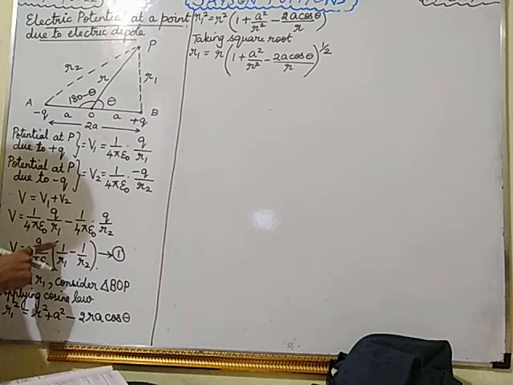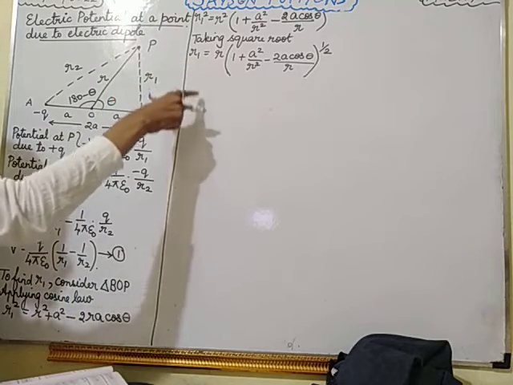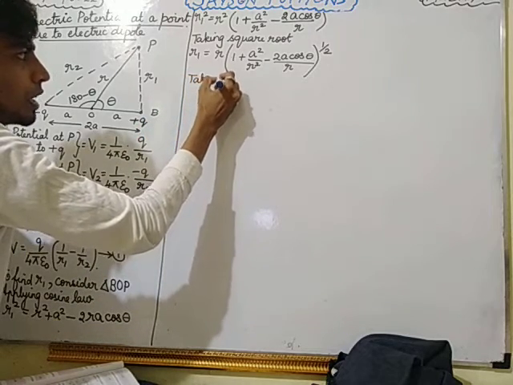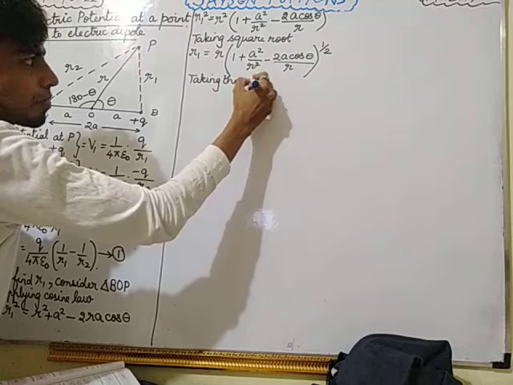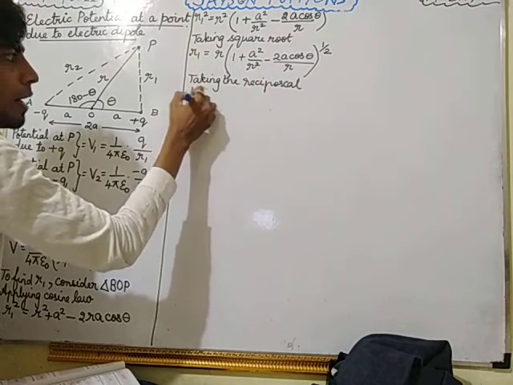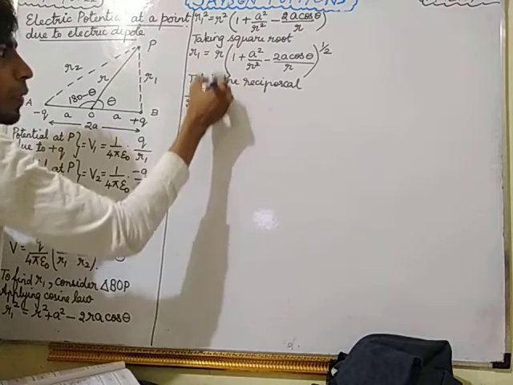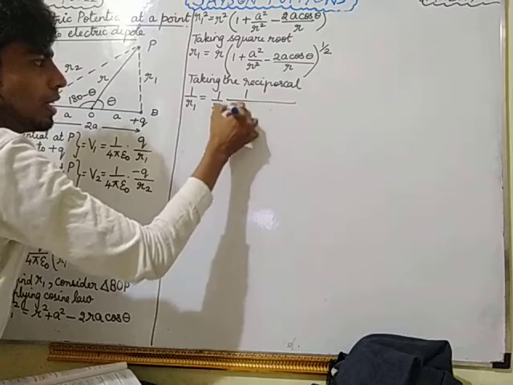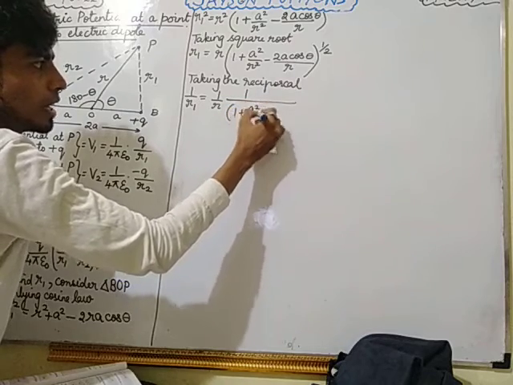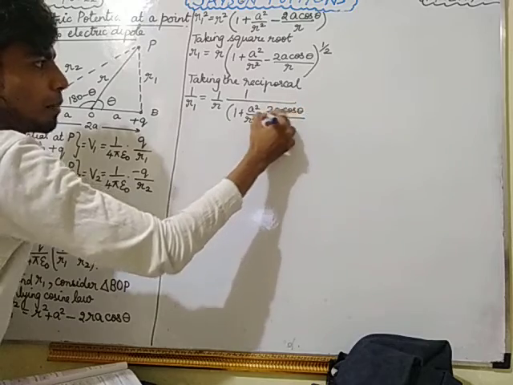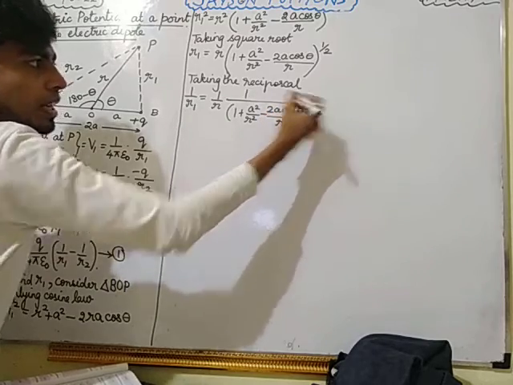Now I have 1 by R1 here. So 1 by R1, I have to take the reciprocal. If I take the reciprocal, what will I get? 1 by R1 is 1 by R, and this will become 1 by 1 plus A square by R square minus 2A cos theta by R, the whole power half.